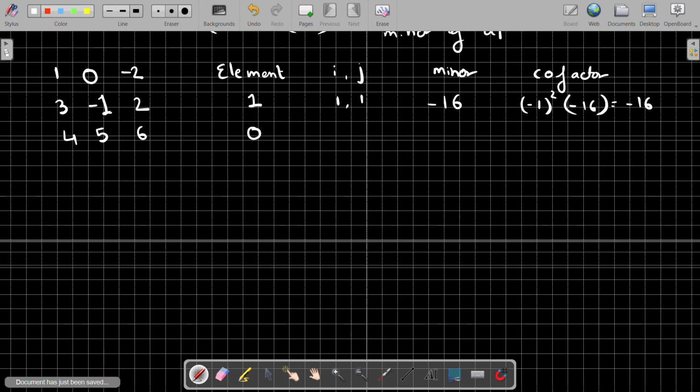Element 0, position 1 2, minor 18 minus 8, which is 10, because we are multiplying 6 into 3 minus 4 into 2.